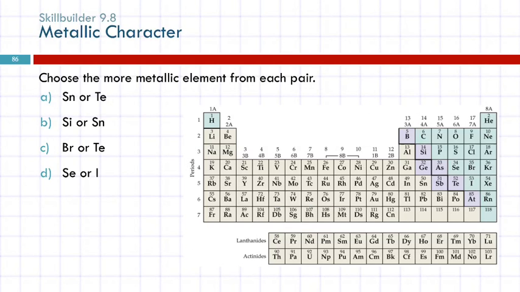Metallic character, let's pick C. Bromine or tellurium? Well, here's bromine. There's tellurium. So how do we think about this? We want the more metallic. Well, even without looking at trends, this is a semi-metal, that's a non-metal. Which one's more metallic?